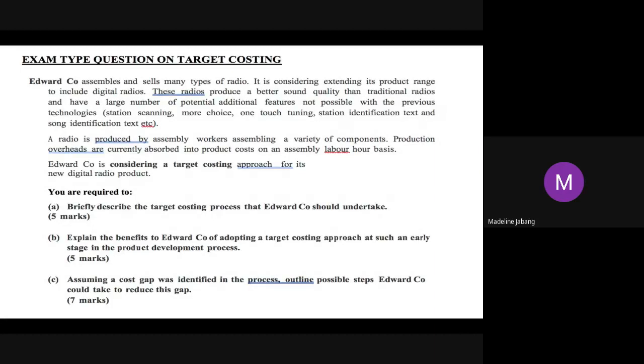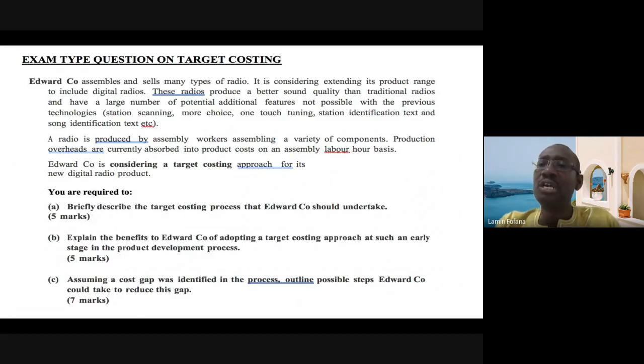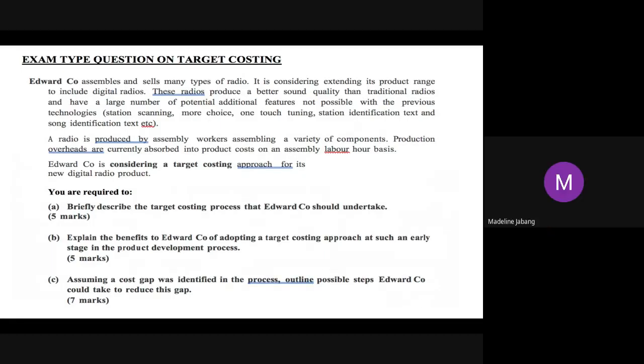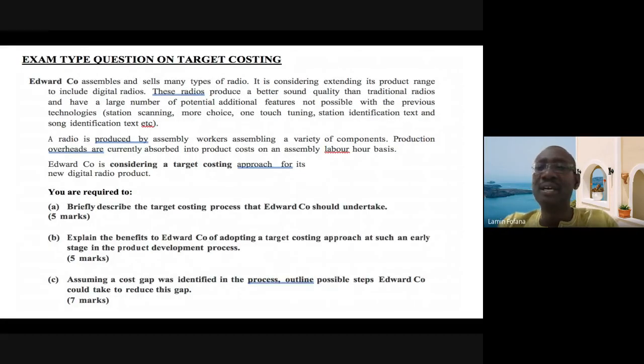Because the cost will be based on the selling price less the profit that is assumed. Okay, excellent. So in other words, before you even produce, you've already estimated your profit. So you can't get it wrong. Very good. So profitability. What other benefits can we get from it?